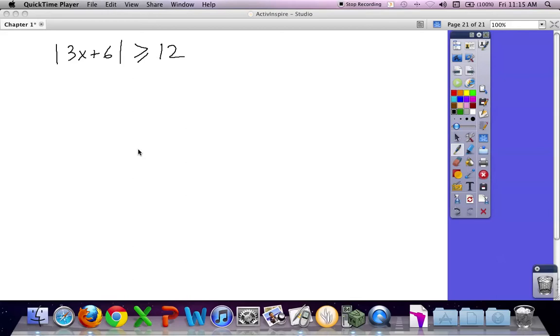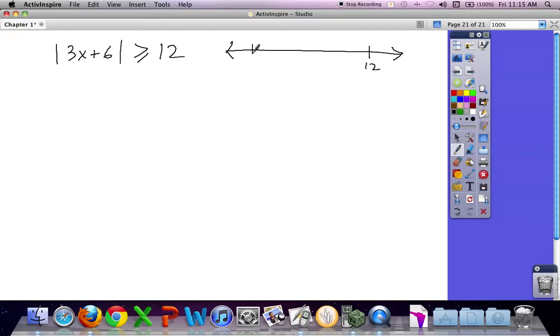The step, you can think of it logically and make sense of it, or you can just remember this is what you're supposed to do. If I was looking at this on a number line, what this statement says is that this 3x plus 6 must be greater than or equal to 12.